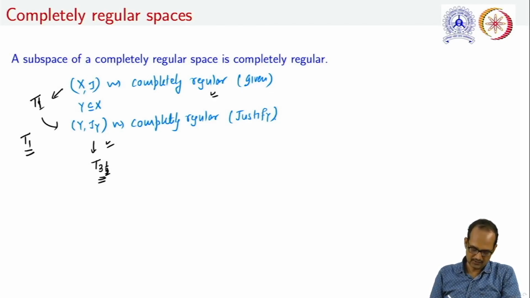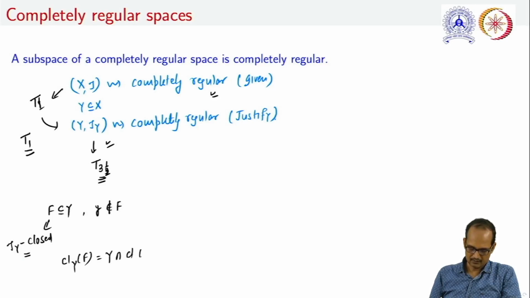Now let us take a subset F of Y. Note that this F is closed and take an element y which is not in this F. When we are saying that this is closed, the meaning is that this is tau_Y closed. Also what we know is that the closure of F in Y is nothing but Y intersection the closure of F in X.